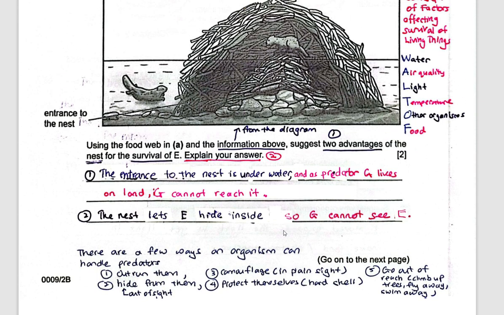This is not the camouflaging idea. They can protect themselves with a hard shell like a tortoise or turtle. This is not the case. The beaver is covered with fur, it doesn't have a hard shell. Go out of reach, for example, climb up the trees, fly away, swim away. That's not the case here either. It's hiding inside. So that's the concept behind the second answer. It hides inside, out of sight.